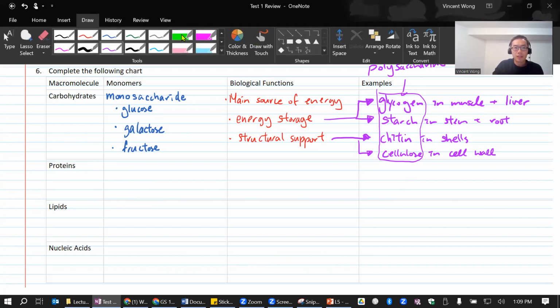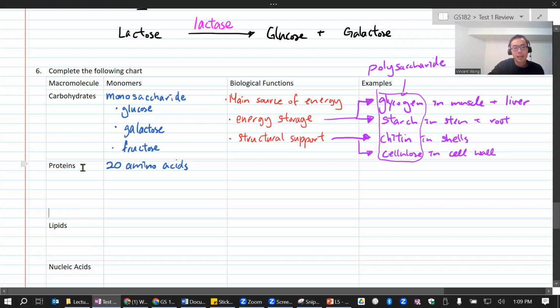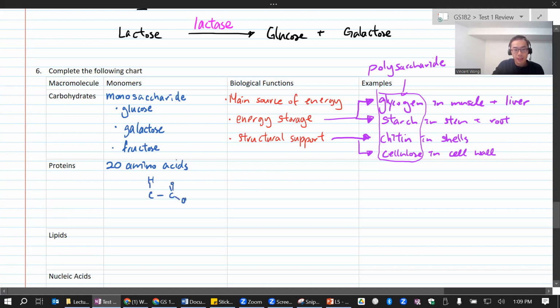Okay, next we have proteins. You should know by now that protein is made up of 20 amino acids, right? 20 amino acids. You don't have to draw anything on the test. Do we have to write 20 amino acids, or should we just write amino acids? You're not going to be writing anything, so it's all going to be multiple choice.